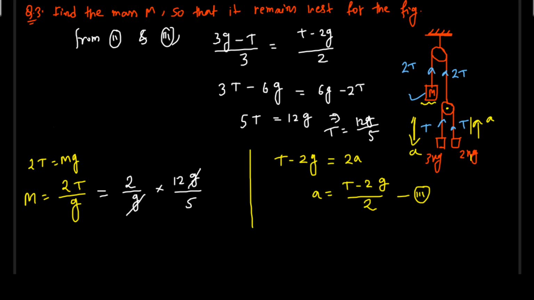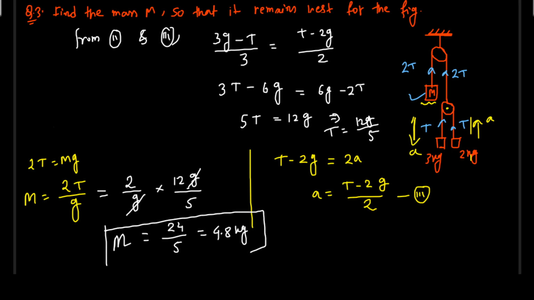G will be cancelled out, so it will be 24 upon 5, which will finally be 4.8 kg. So this is the mass M, the value of mass M such that this mass will be at rest, though the 3 kg and 2 kg blocks are moving.